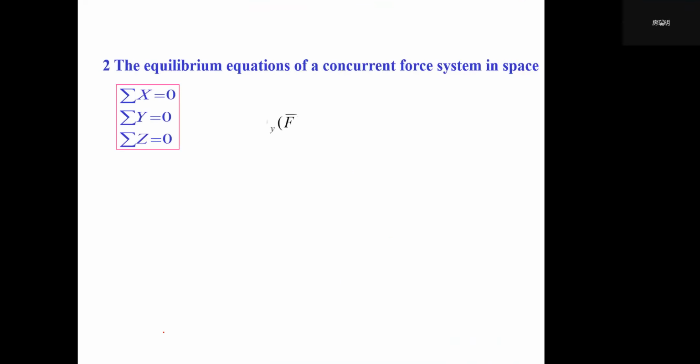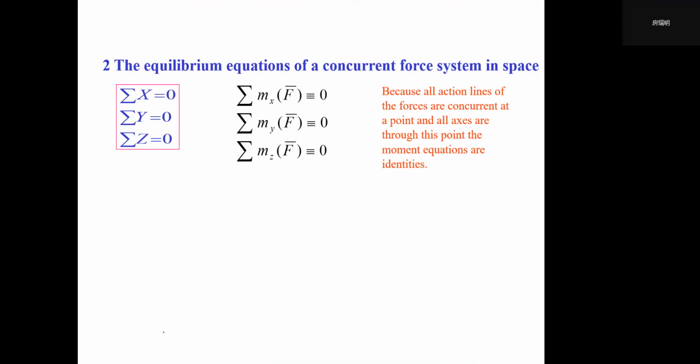And the equilibrium equations of a concurrent force system in space, you see, will be only three. Why do we not need to consider these three? Because all action lines of the forces are concurrent at a point, and all axes pass through this point.